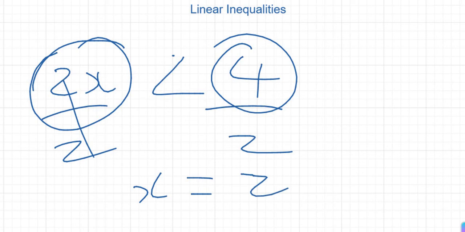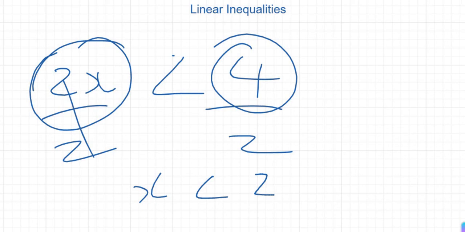And so since x is equal to 2, well, let me not say equal to, less than 2. So what this is simply saying is x can be 1.9999999 or 1.00111. But the thing is, it cannot be equal to 2. It's not equal to 2.